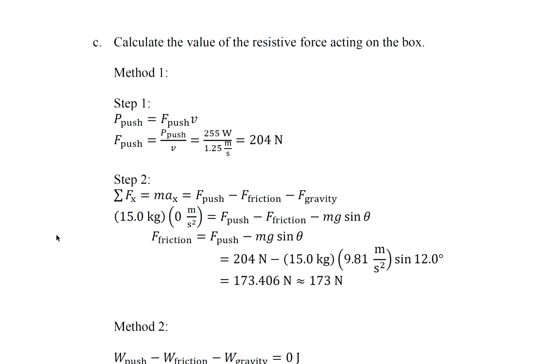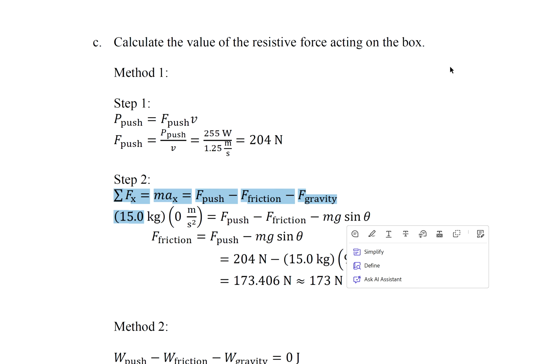Part C, calculate the value of the resistive force acting on the box. So let's use one method here. Step 1, we could solve for force of push. Step 2, we're going to use this equation. Sigma F sub x equals force of push minus force of friction minus force of gravity.